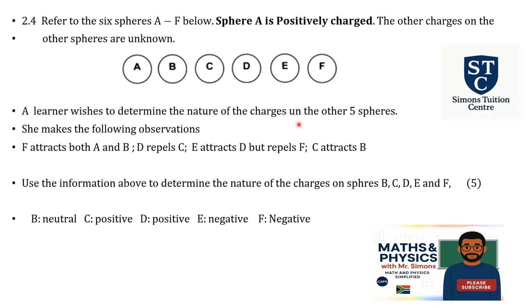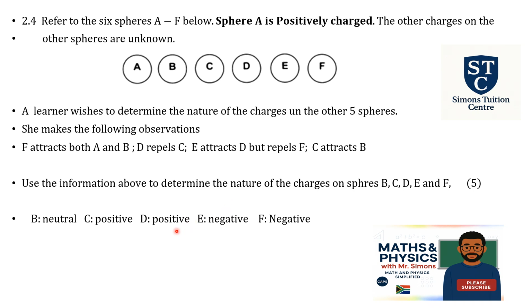E repels F. So for E to repel F, they must have the same charge. So if F is negative, then E is negative. Right? But it attracts T. So for E to attract T, if E is negative, then T should be positive, because positive and negative attracts. Alright?